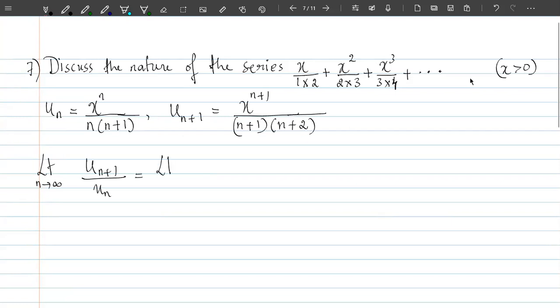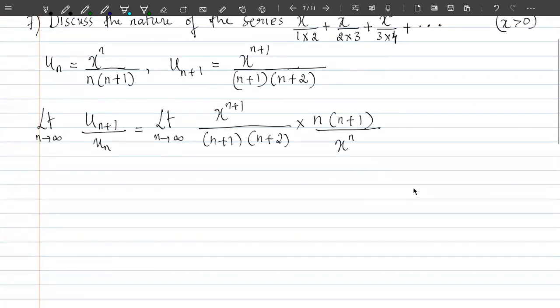That will be equal to limit n tending to infinity, un plus 1, which is x power n plus 1 divided by n plus 1 multiplied with n plus 2, and here I get n into n plus 1 divided by x power n.